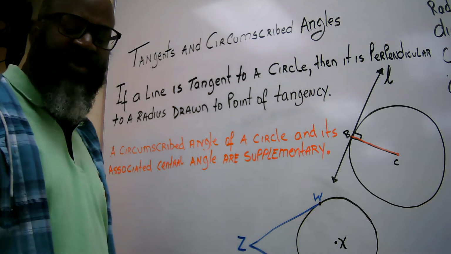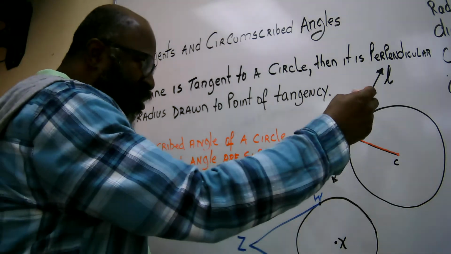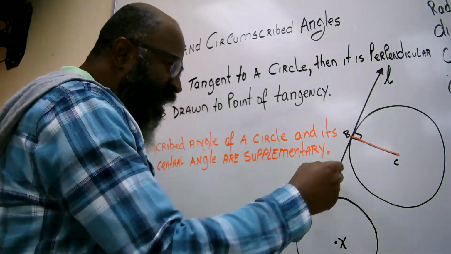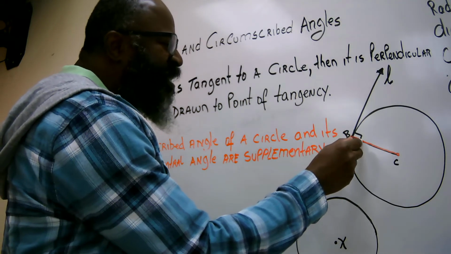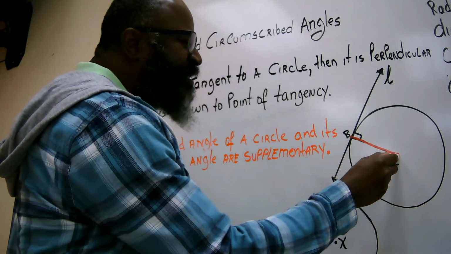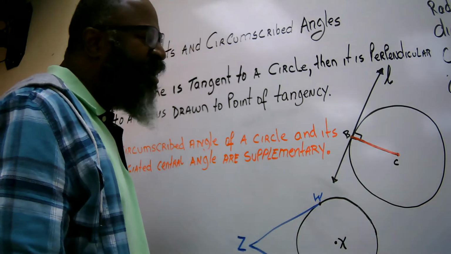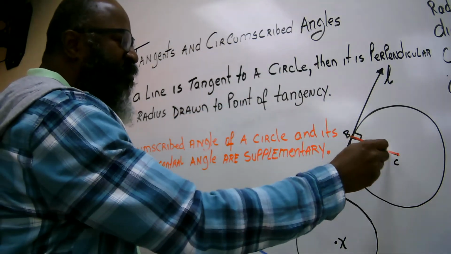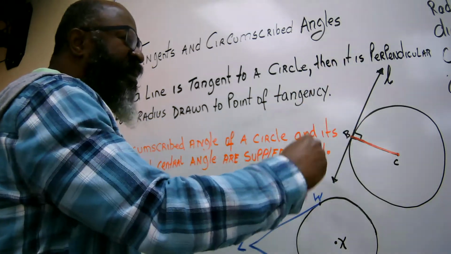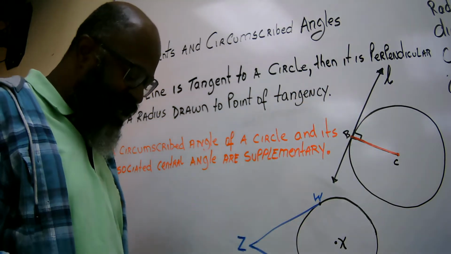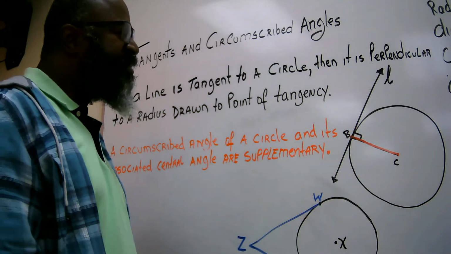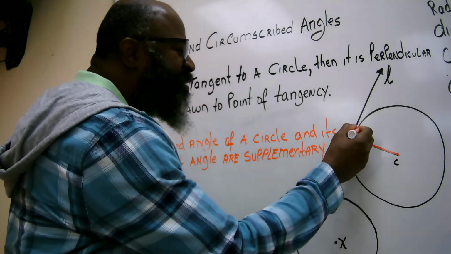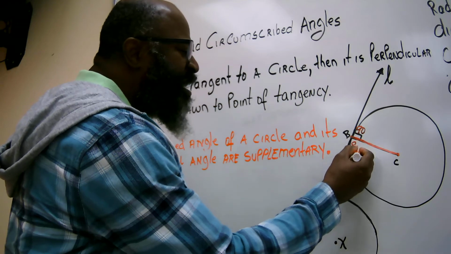Your goal is to identify your tangent line and where the point of tangency is. If you join that to the center of the circle, the radius will be perpendicular to the tangent, meaning that at the point of intersection they will form 90 degrees. This angle will be 90 degrees and this angle will be 90 degrees.